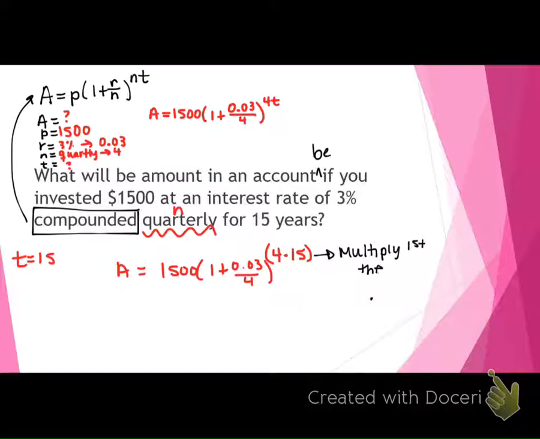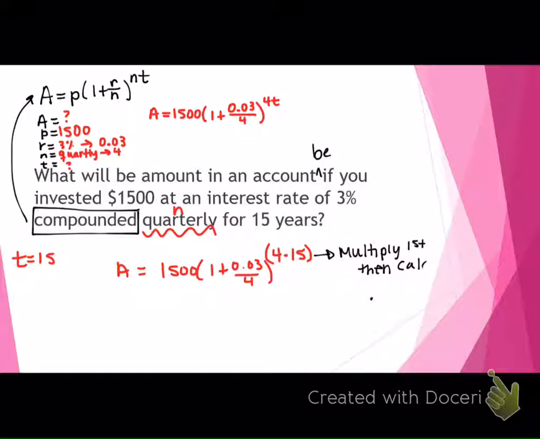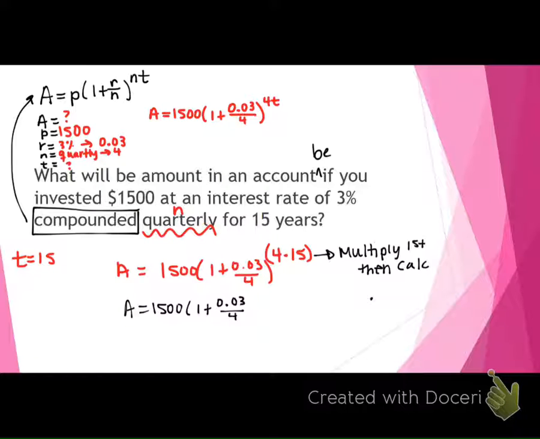So if you multiply that first, what is 4 times 15? Then you can go to your calculator. Otherwise, it will do to the 4th power times 15, based on how you're going to put it in there. Okay, go ahead and substitute that into your calculator.